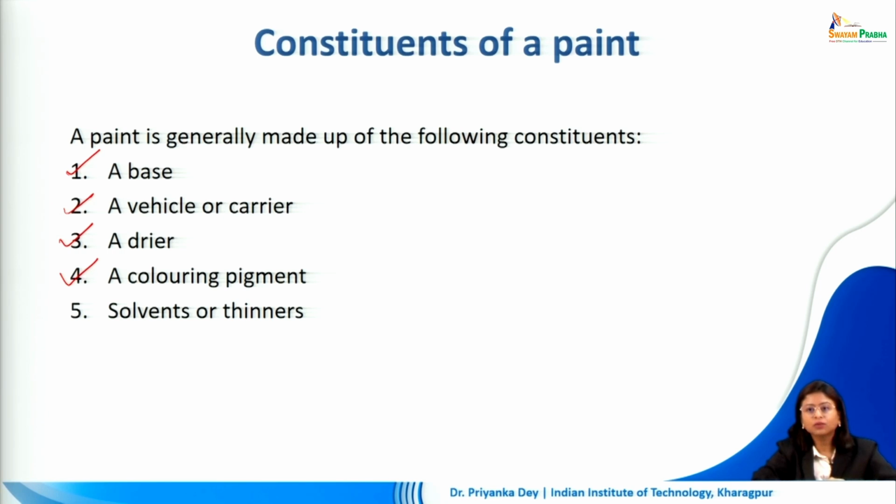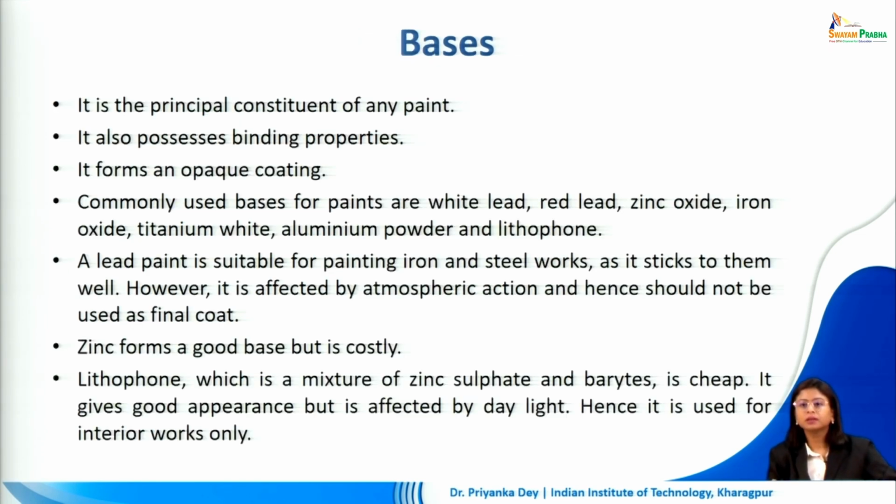And last constituent is a solvent or a thinner. So base, vehicle or carrier, dryer, coloring agent and solvent or thinner. These are the 5 constituents that we need to mix to create an ideal paint. Now let's see what each of these constituents mean and what characteristics they should have.